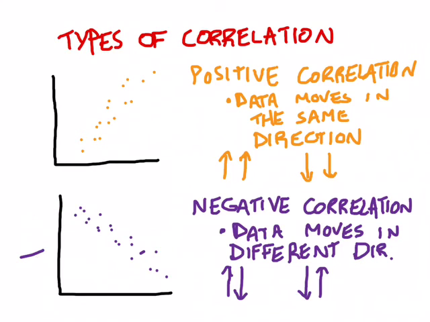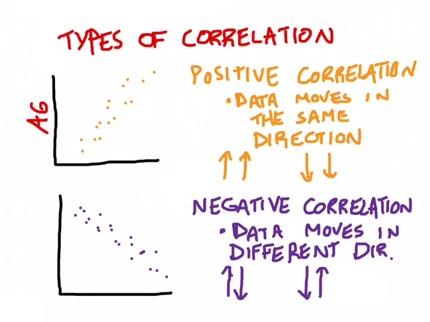The alternative is, again, that positive correlation, where we see that when the data is low, it's low on both axes. When the data is high, it's high on both axes. So again, things are moving together in a positive correlation and in opposite directions in a negative correlation. Some examples of data that we'd expect to get us a positive correlation might be, like we saw before, age and height.